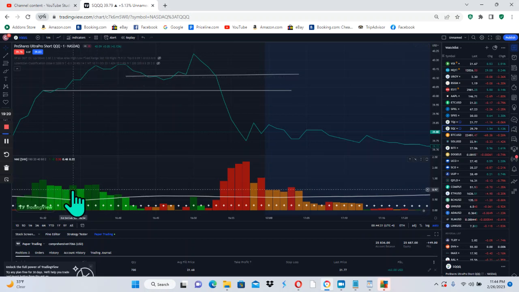So as long as I see this above the explosion line, I leave it alone. But when I see a kiss of death, oh yeah, I'm moving my stop loss line higher. So if you do drop too far, I'm taking the price from here to here and putting it in my pocket. Then I walk away with a successful trade. Okay?